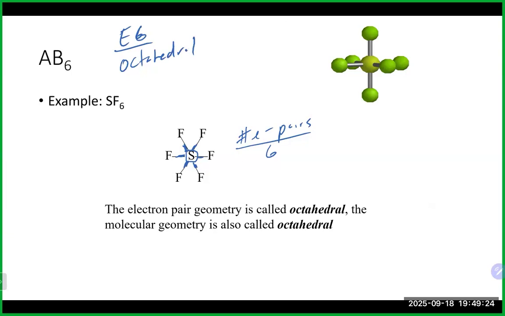In terms of bonds, it has 1, 2, 3, 4, 5, and 6 bonds. With 6 electron pairs and 6 bonds, the molecular geometry is also octahedral. If I steal maybe a sulfur here, we will end up with a bond angle of about 90 degrees. So we go here, pop them in.